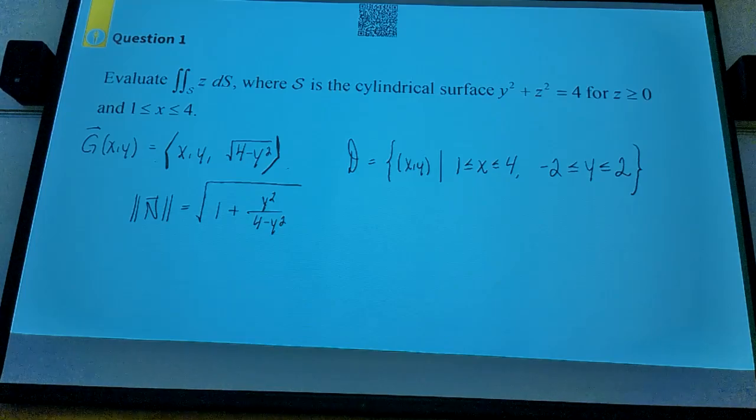Well, the function is purely of y, so that derivative is 0. Plus the derivative of your function with respect to y squared. So take the partial of root 4 minus y squared with respect to y and then square it.